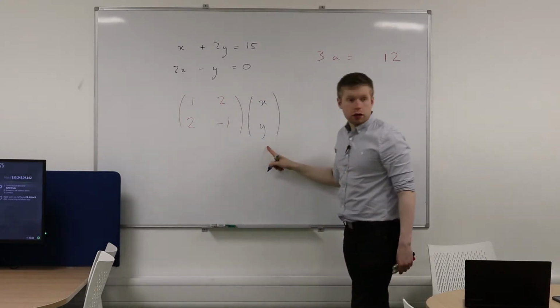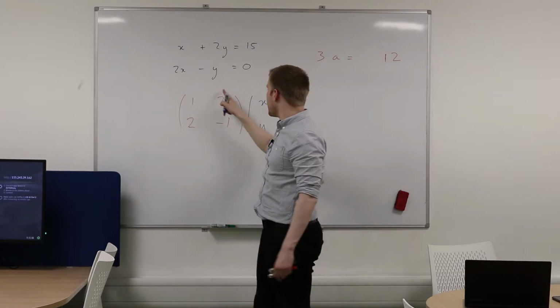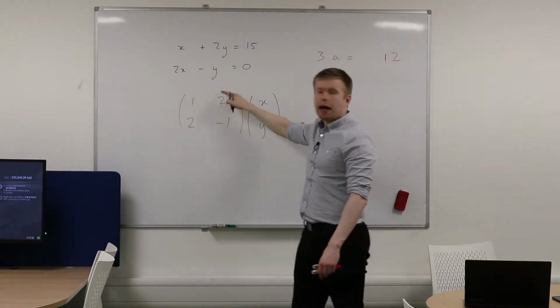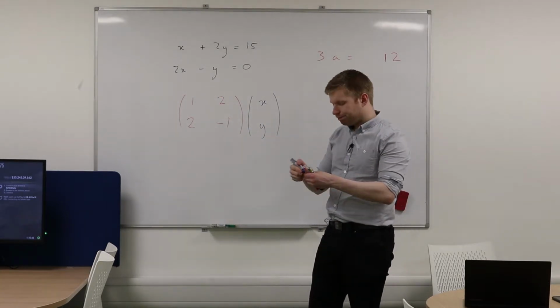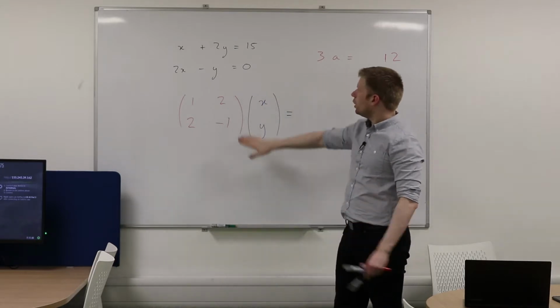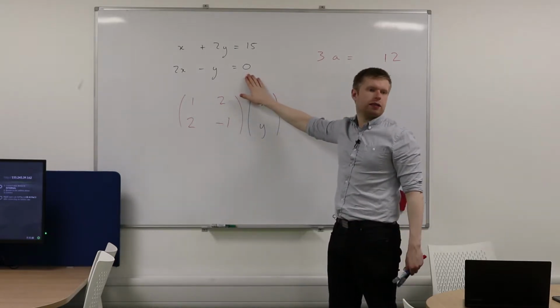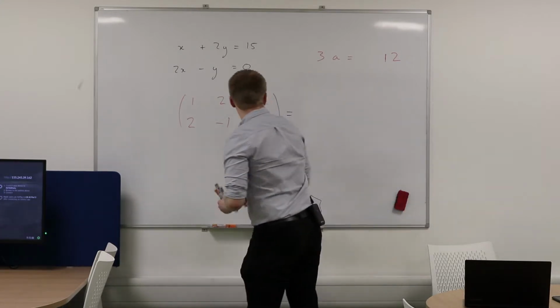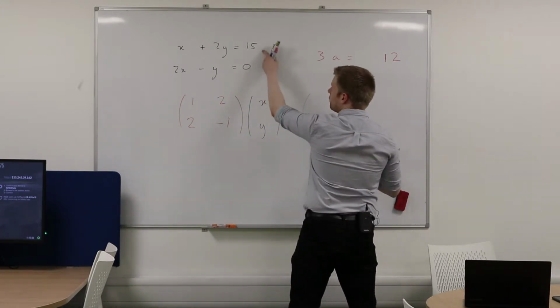It's got to be in that order. If I had y first, then x, I'd put y first, then x. It has to match the order in your equation. Then I'm going to set that equal to my answer vector, my right-hand side vector. In this case, I just have a 15 and a 0.